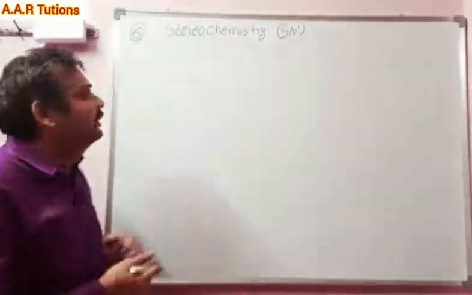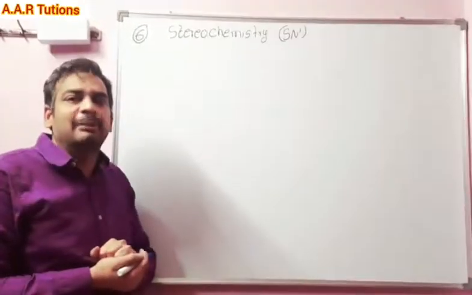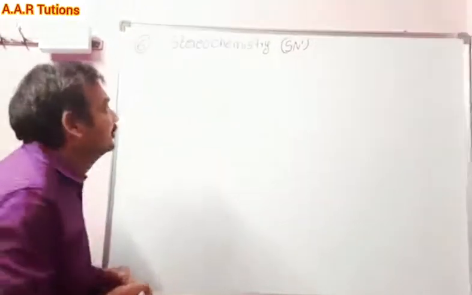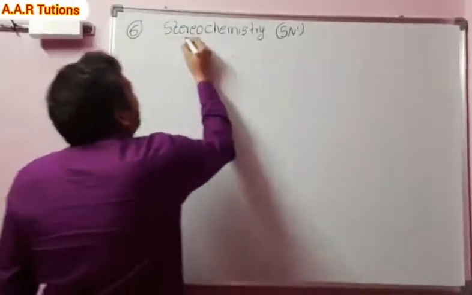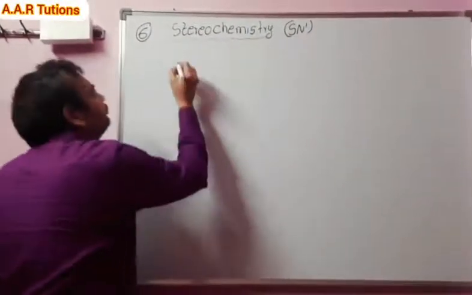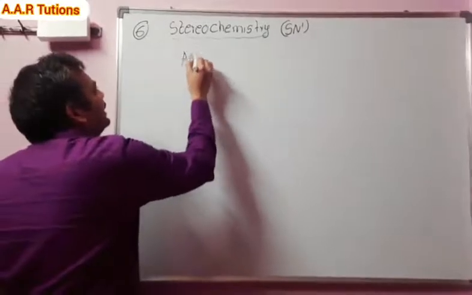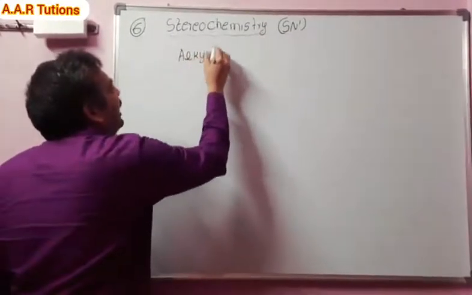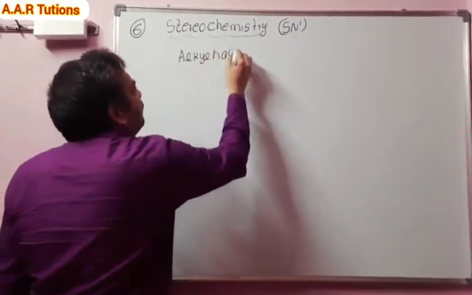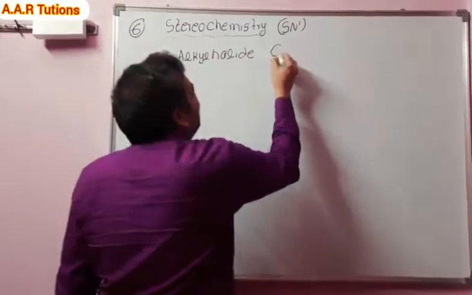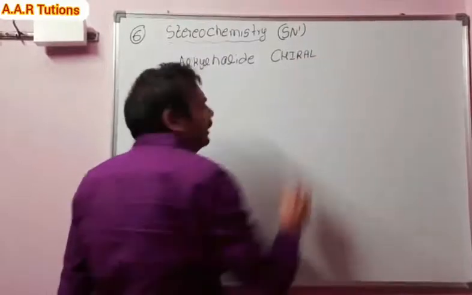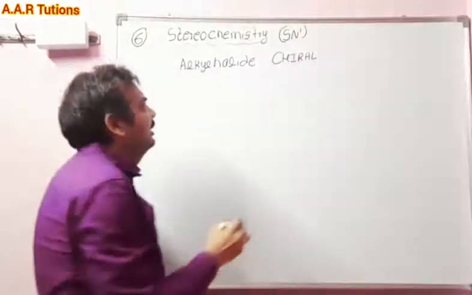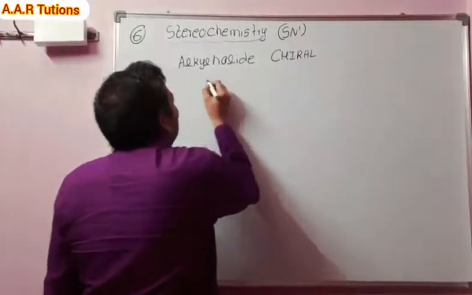In case of stereochemistry, we will get a mixture of isomers. Suppose the alkyl halide is chiral, with a chiral carbon. In SN1 reaction, racemization will take place.